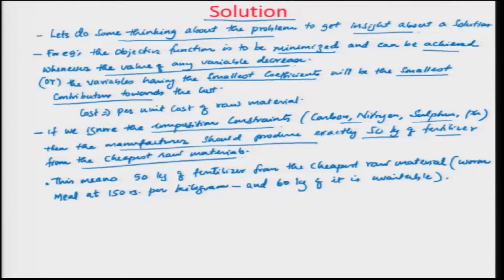So what we are trying to say is that the cost will be 50 kilograms multiplied by 150 rupees per kilogram, which will be the cost of the worm meal. So that will be equal to 7,500 rupees. So this is the cheapest I can make this 50 kilograms of this fertilizer.